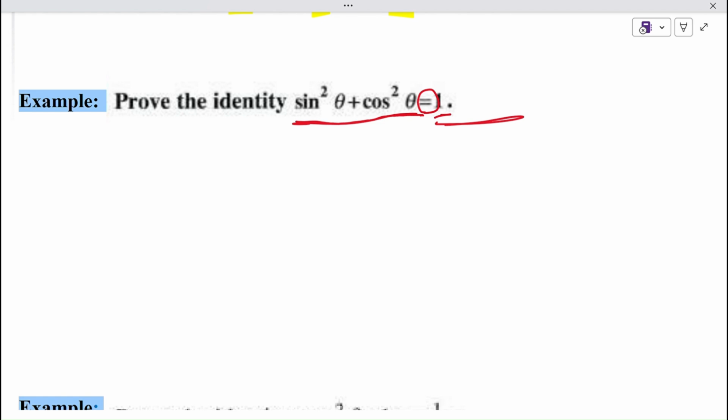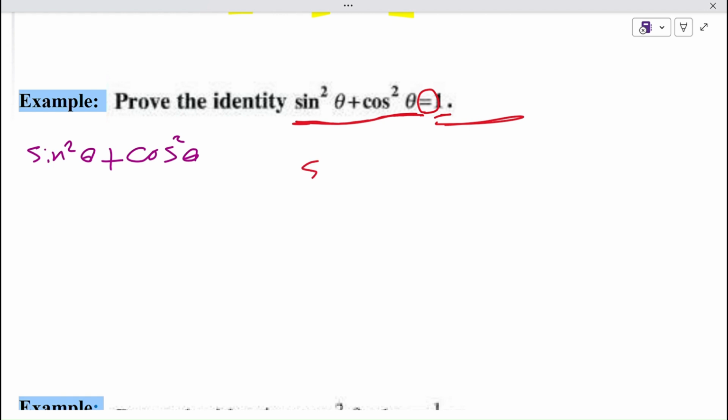Now, look here. Sine squared theta plus cosine squared theta is equal, sorry, don't write equal, this is wrong. Now, what is sine? We know that sine is equal to y over r, right?